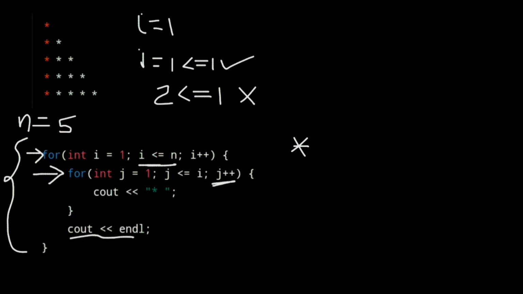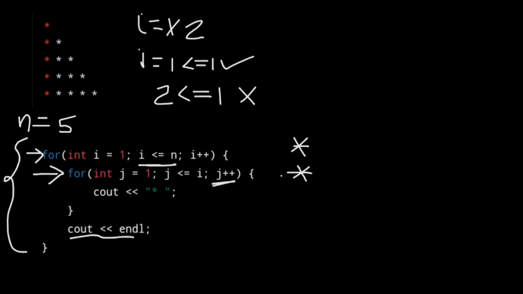In the next iteration, i becomes 2, and 2 less than or equal to 5 is also true, and it enters the inner loop. Here j is equal to 1, and 1 less than or equal to 2 is true, and here we print a star.